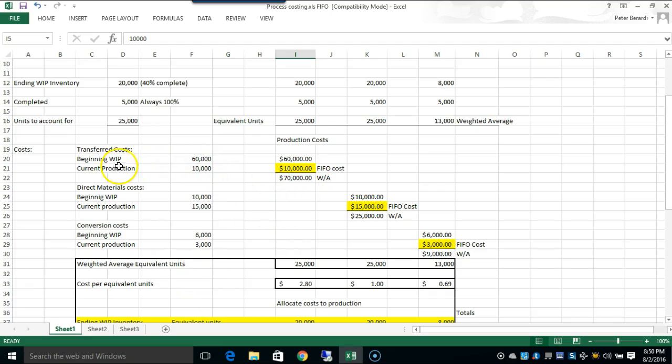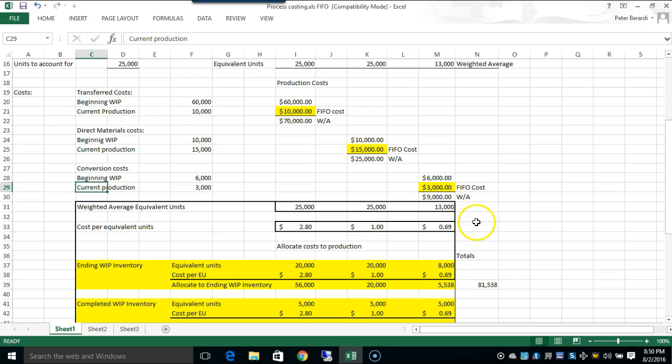Take your beginning WIP costs for transferred in and your current production for transferred in and place them under the transferred in column. Take your direct materials, beginning WIP and current production under your materials, and under conversion cost, beginning WIP, current production under conversion.